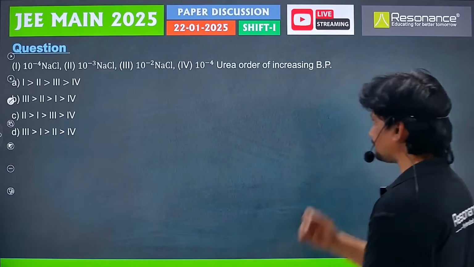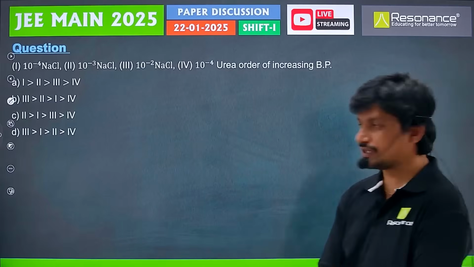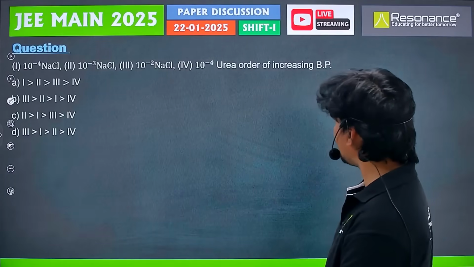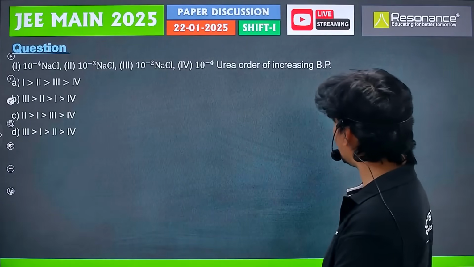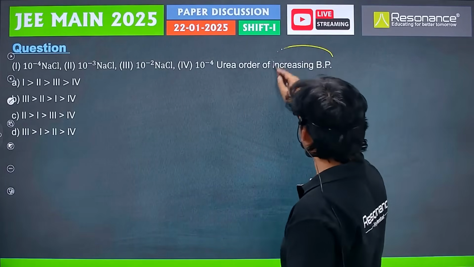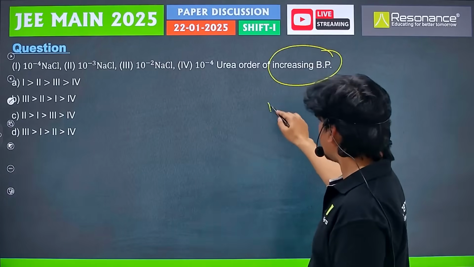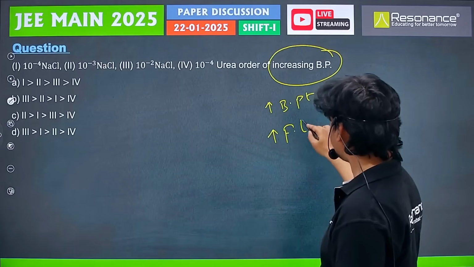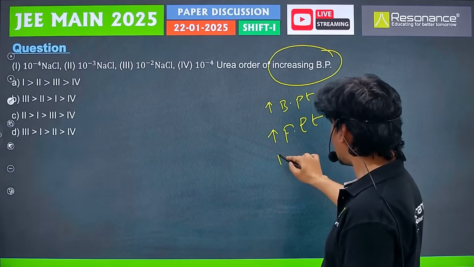And the next one: 10 power minus 4 NaCl, 10 power minus 3 NaCl, 10 power minus 2 NaCl, and 10 power minus 4 urea. Order of increasing boiling point.